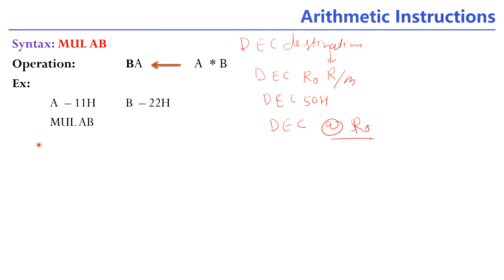Now we can take a small example. A is 1H and B is 2H. Write the multiply of these two numbers, so that number is 24002H. Remember this 42 digit.